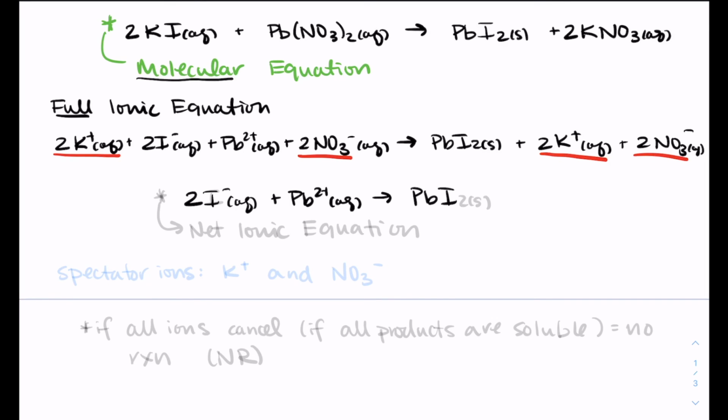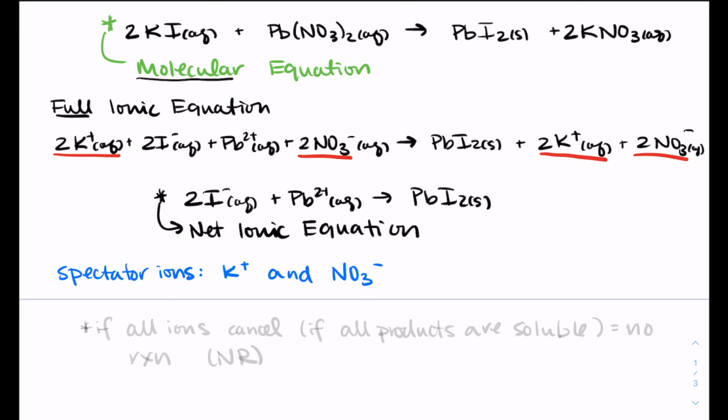That is the real action of what happened in this reaction. The things that we canceled out, the potassium and the nitrate, we call spectator ions. They just sat there and watched the reaction happen, so they were spectators to the process. Something that you should note: what happens if both of your products are soluble?